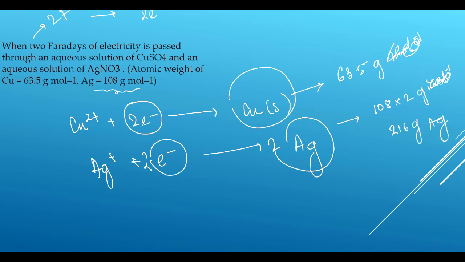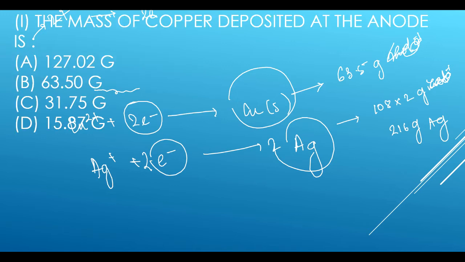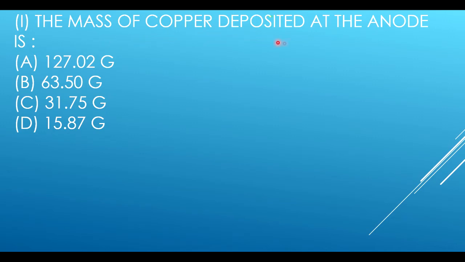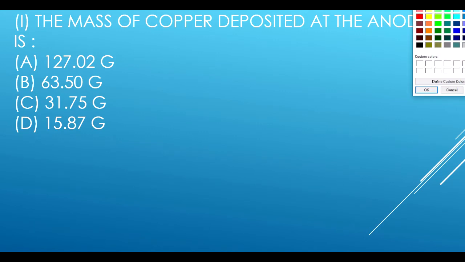So it's a very easy question. Going for the next question, the mass of copper deposited at the anode is. The mass deposited, as we have already seen, is 63.50 gram. So here the answer will be 63.50 gram.